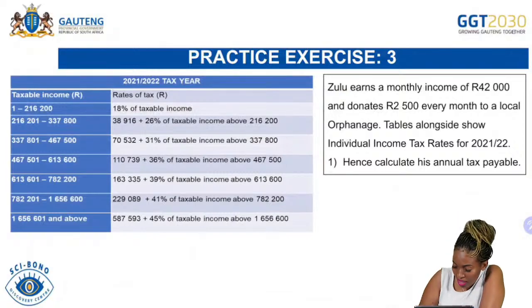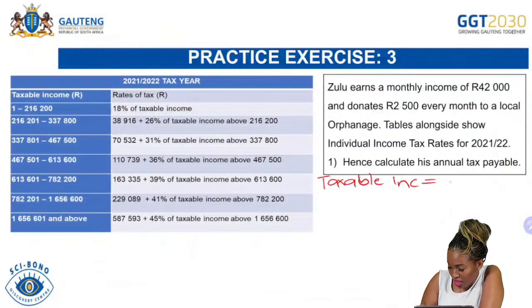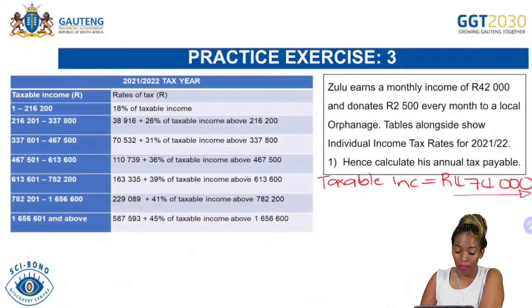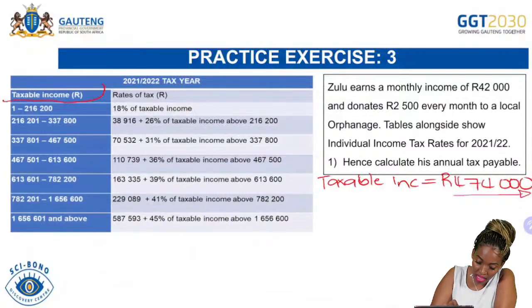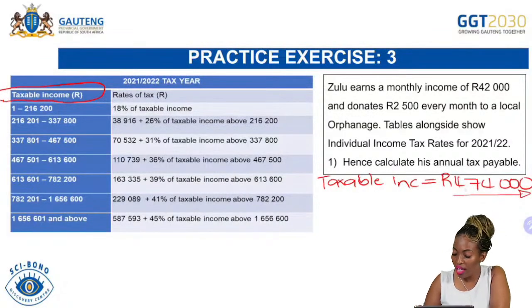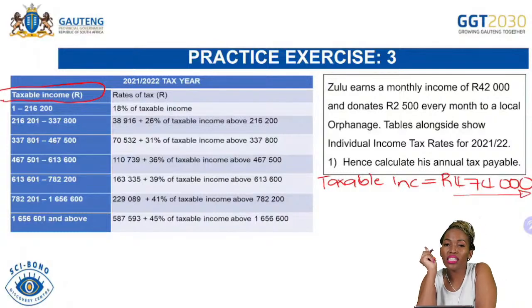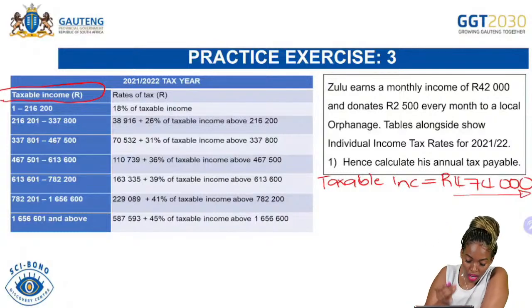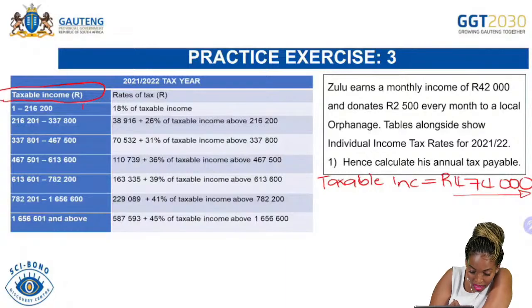Hence, calculate his annual tax payable. Remember, his taxable income was how much? It was 474,000. So this was per annum. We go to the taxable income table, and we check where 474,000 falls. Does it fall in bracket number 1?